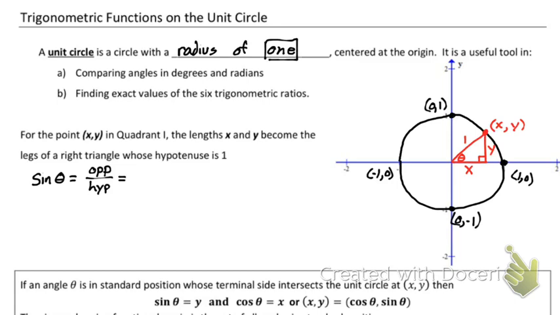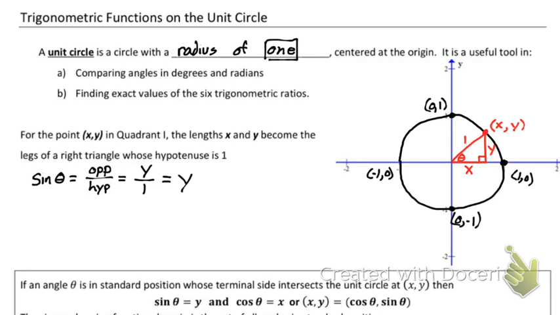So that would equal y over, and the hypotenuse is always 1 on the unit circle. What that means is if I ask for sine of that angle, that's going to equal this y value. This point's y value is actually going to be your sine of that angle. So let's say this is 30 degrees. If I ask you for the sine of 30 degrees, you're just going to look for that y value, that 1/2 that's up there.